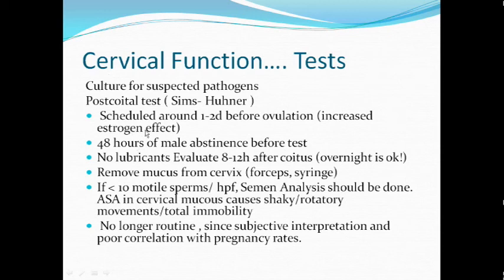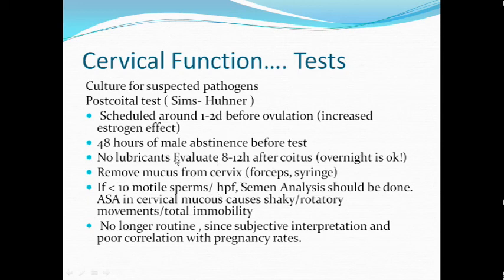It is usually scheduled around 1 to 2 days before ovulation. 48 hours of male abstinence before the test is required. The husband should not use any lubrication, and evaluate 8 to 12 hours after the coitus. So the male should be in abstinence for 48 hours, and after 8 to 12 hours of coitus you have to do this test.